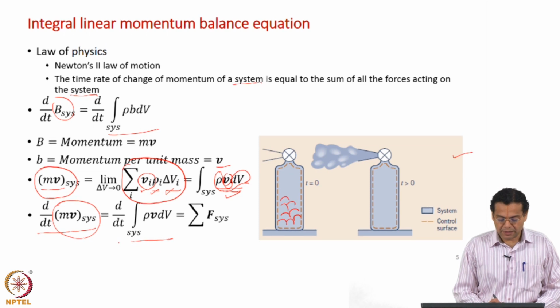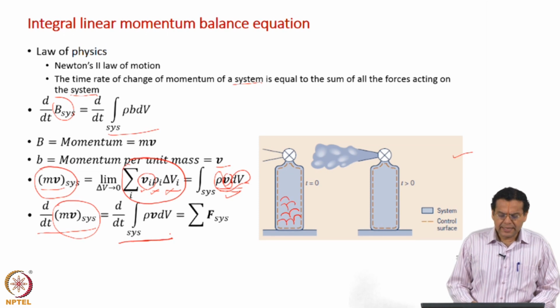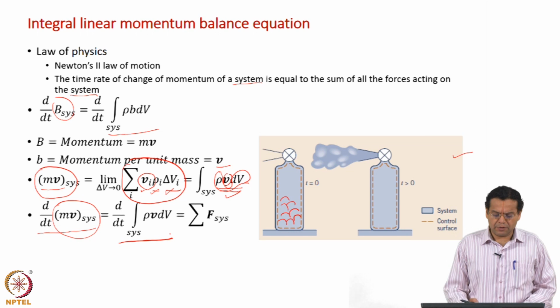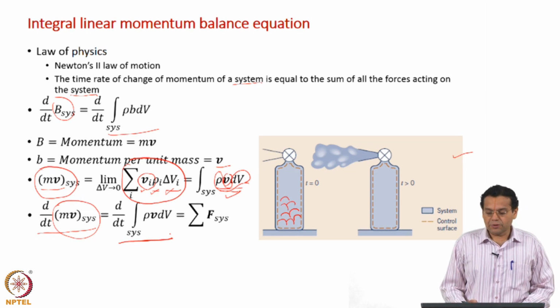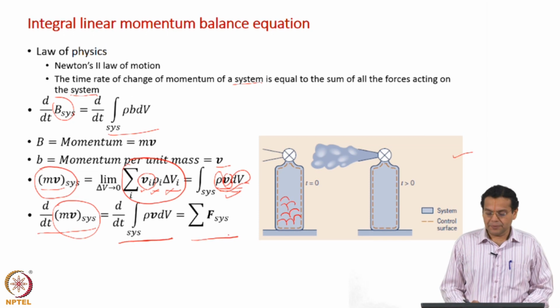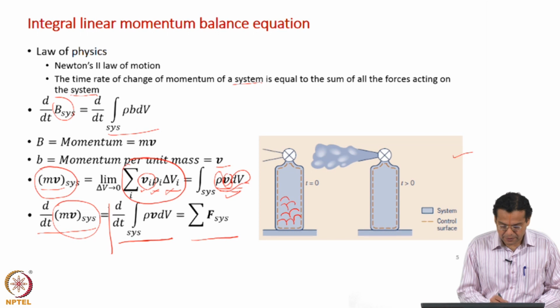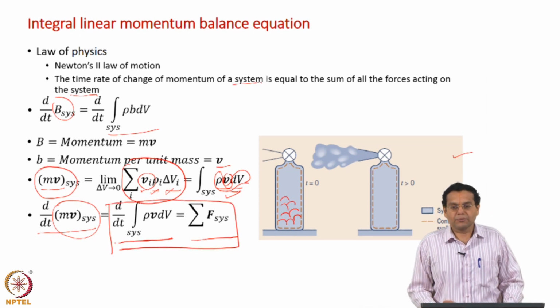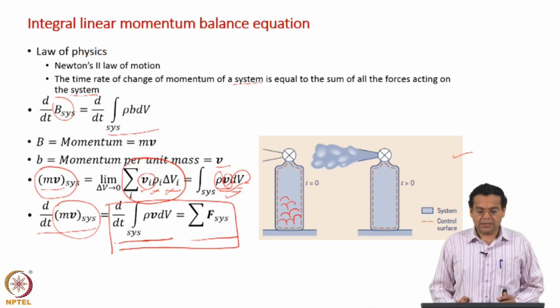The left hand side now represents the rate of change of momentum of the system, and according to Newton's second law of motion, it is equal to the sum of all the forces acting on the system. So, this expression is Newton's second law of motion for a system made of fluid.